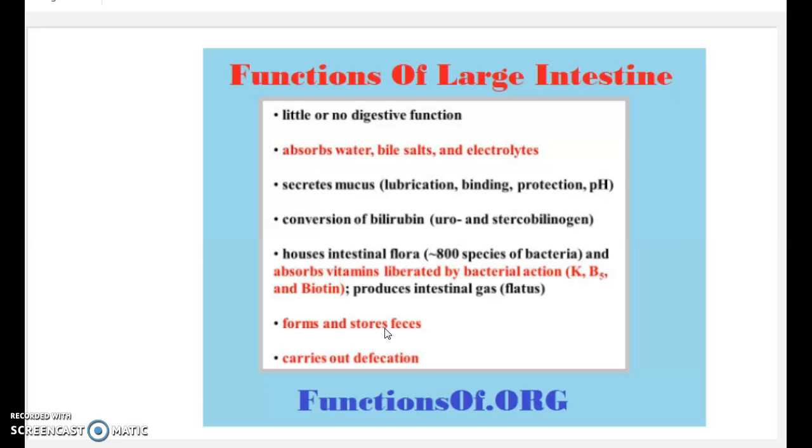Those feces remain stored in the posterior part of the large intestine for some time, and then they are carried out, and it also carries out defecation. So unwanted waste of food is eliminated from the body through the anal canal when the sphincter present at the anus becomes relaxed. That's it for today.